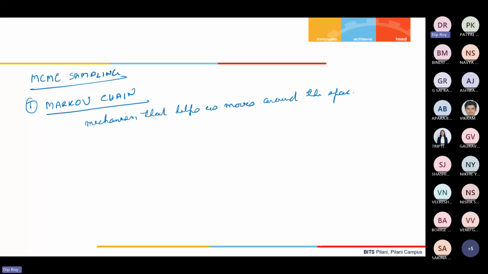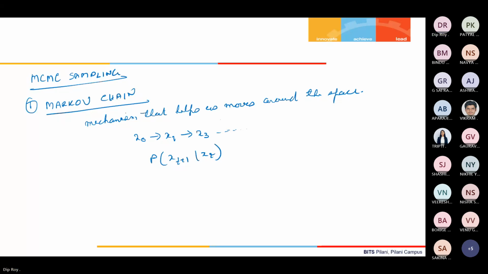Let's say you have this state, you want to go to this state, and then this state, and so on. Every state will have a transition probability, that is, the probability of x_{t+1} given x_t. So the Markov chain is the mechanism that moves around the space.